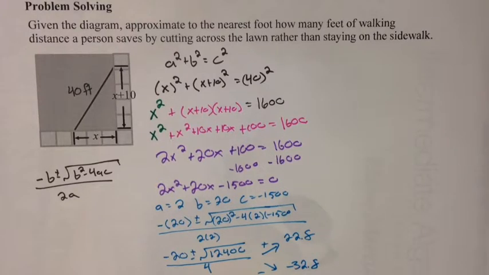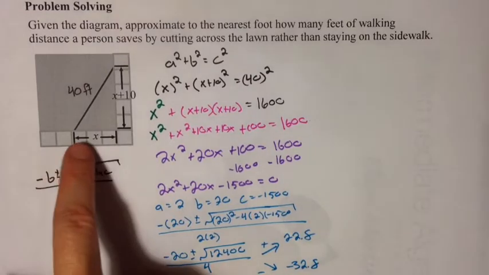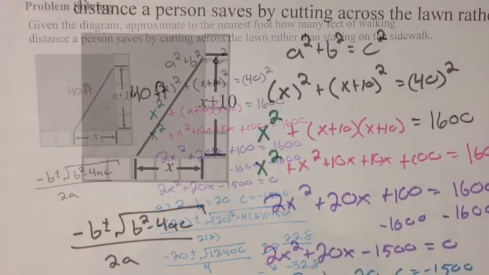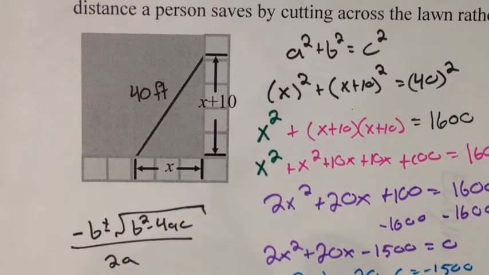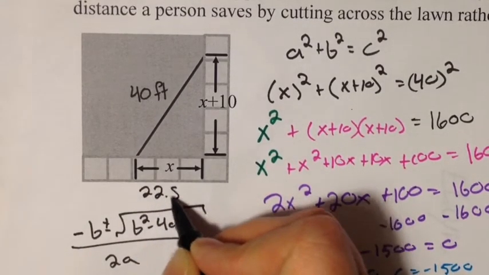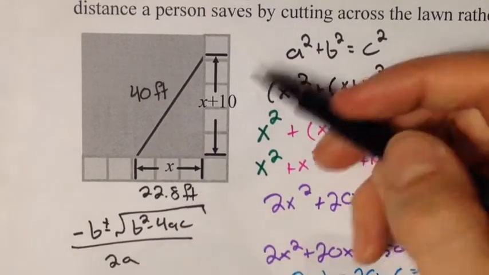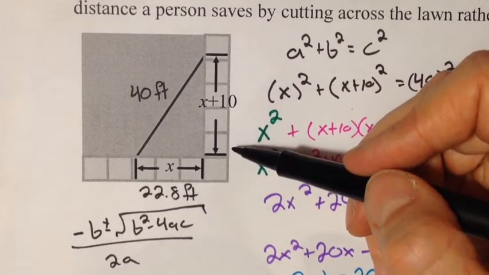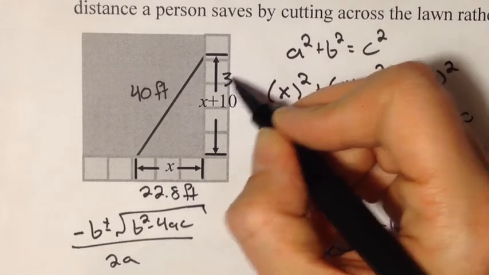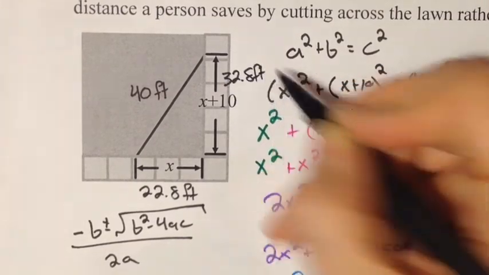We just found that x is 22.8 or negative 32.8. But x is a distance along a sidewalk, so it's got to be the positive one. x is 22.8. Now let's go back to our diagram. x is 22.8, so that means that this side is 22.8 feet long. This side is x plus 10, so 22.8 plus 10, which is going to be 32.8 feet.